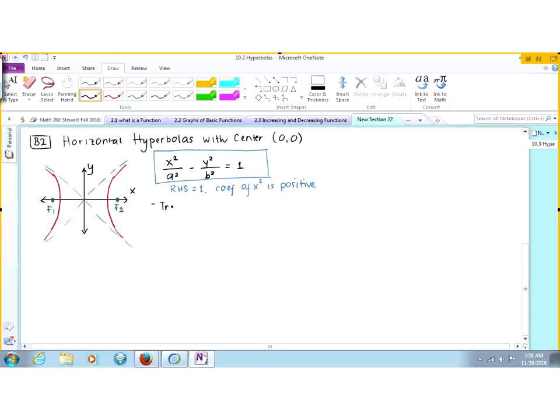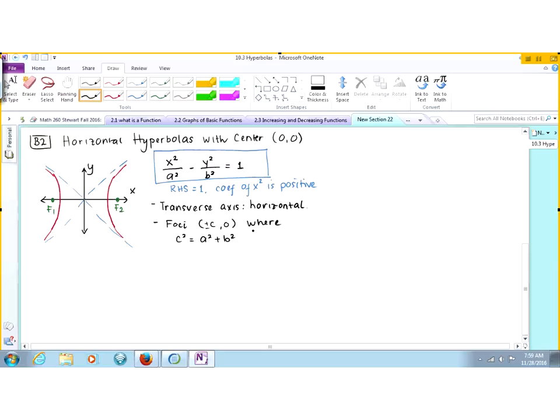So what happened to this hyperbola? The transverse axis is horizontal. And what about the foci? Foci are plus or minus c, comma 0, where c squared is equal to a squared plus b squared.